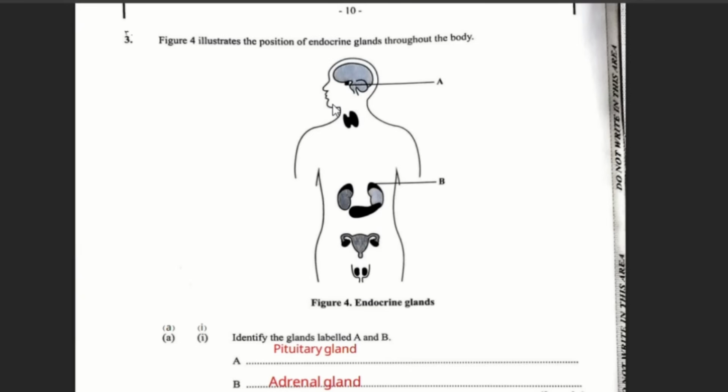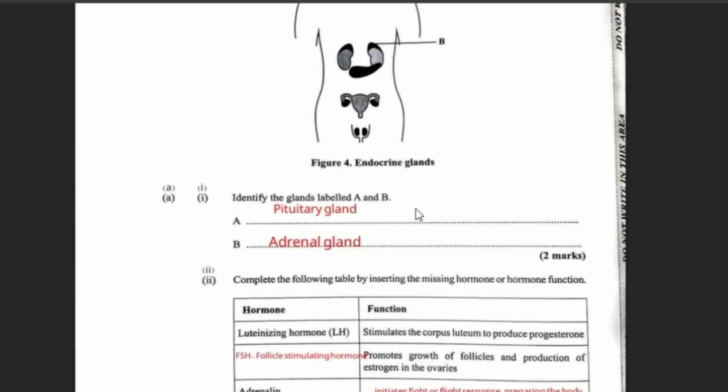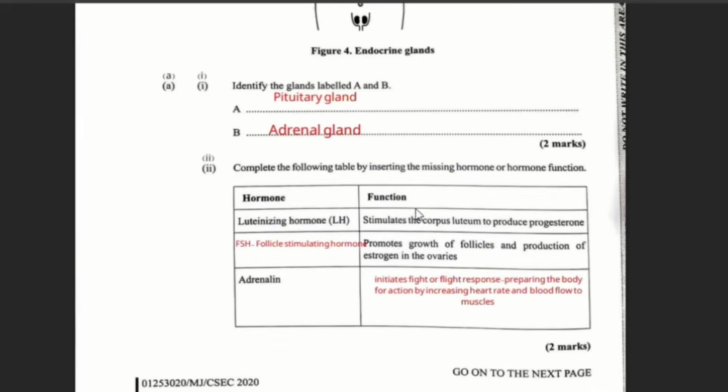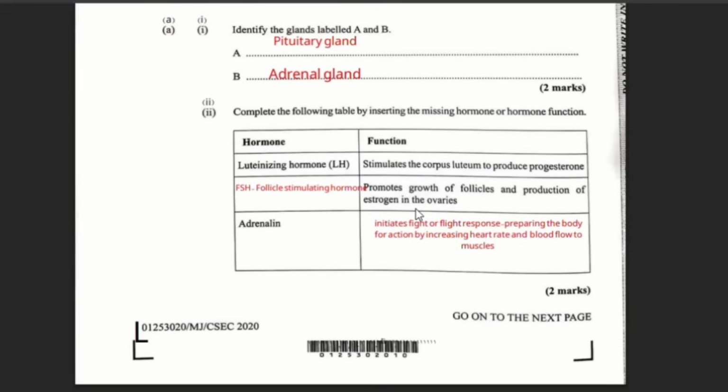And B is pointing on top of the kidney, so we know that is going to be the adrenal gland. These are probably two of the most common glands that everybody might remember out of all of them: adrenal on the kidney, and pituitary in the brain. So now complete the table by inserting the missing hormone or hormone function.